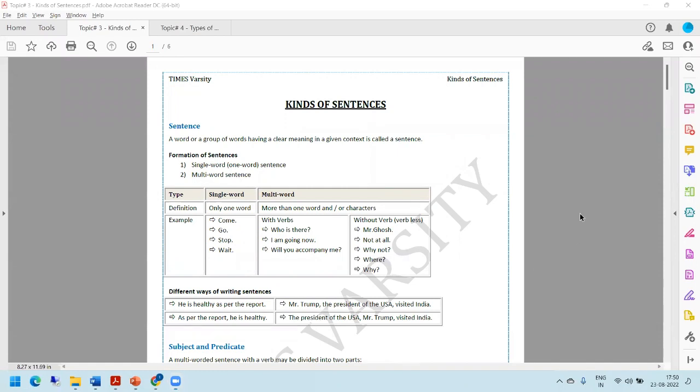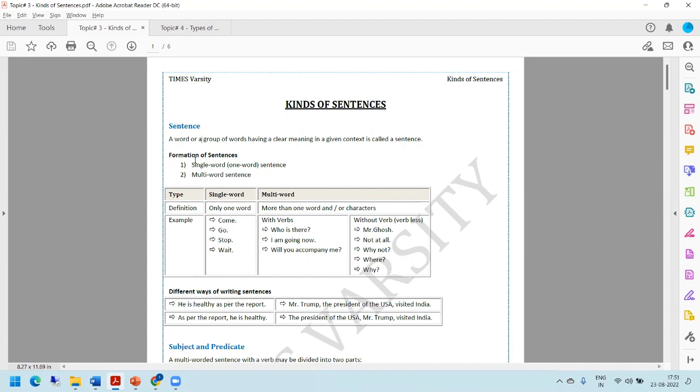If we are using this as an article, how should we pronounce it? It should not be pronounced as the alphabet A, because here it is used as an article. So it should be pronounced like: a word or a group of words having a clear meaning in a given context is called a sentence.